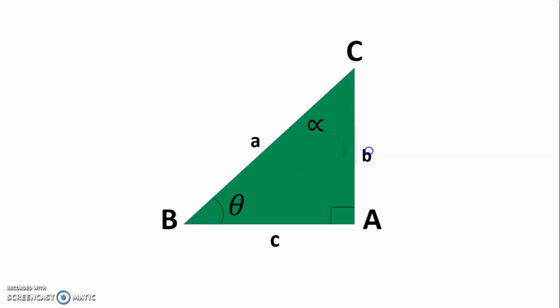Despite the arrangement of the angle under consideration, just note that where angle 90 is facing is called the hypotenuse, which is the longest side in this right angle triangle. Where the angle under consideration is facing is called the opposite, and the side close to the angle under consideration is called the adjacent.